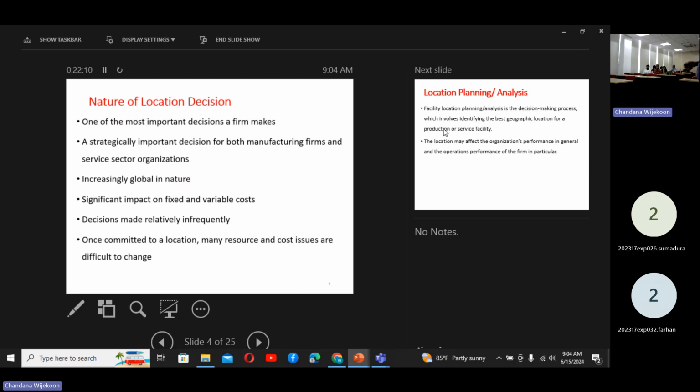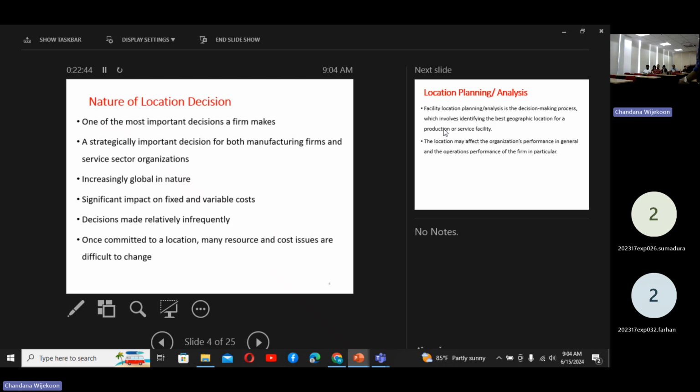And is this a frequent decision? In the sense, should business managers make it every month, every 2 months, 3 months? No, not necessarily. Right? It is a very infrequent decision in a way. Not every time, but when they make it, they have to make it in a very careful, systematic manner. Because once we select a location, once we are committed to a location, it's very difficult to change.